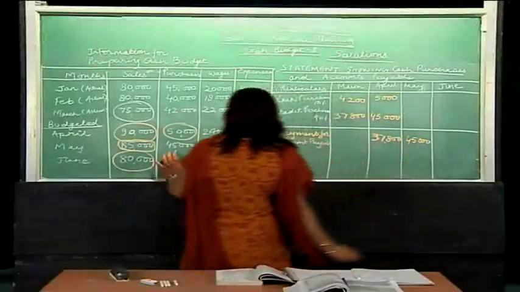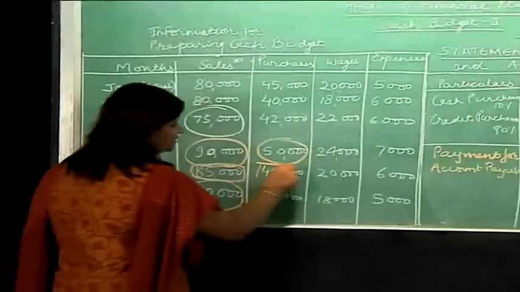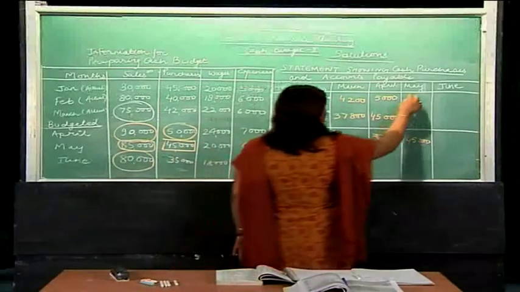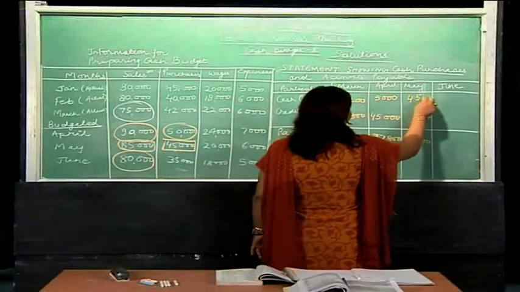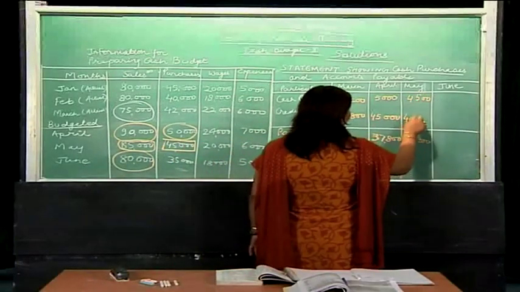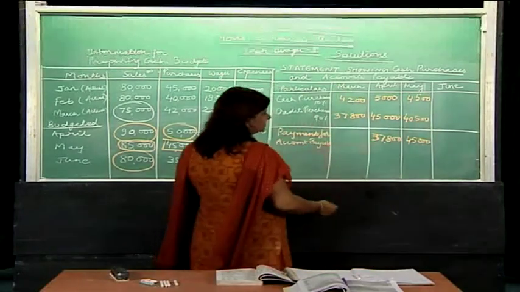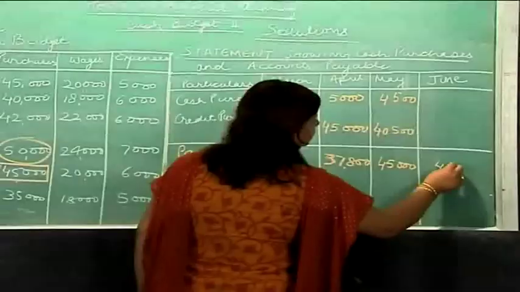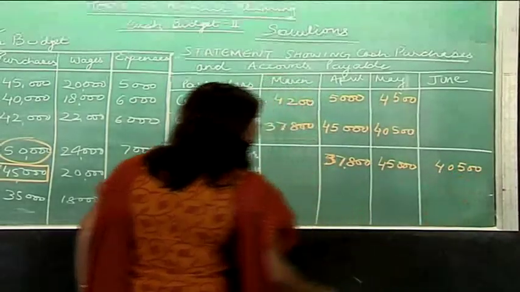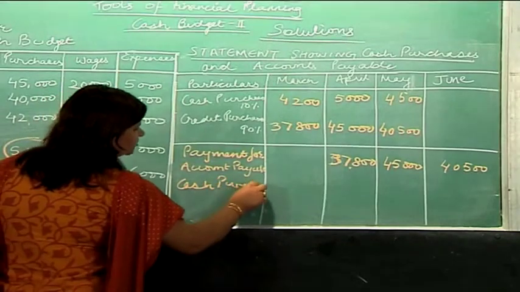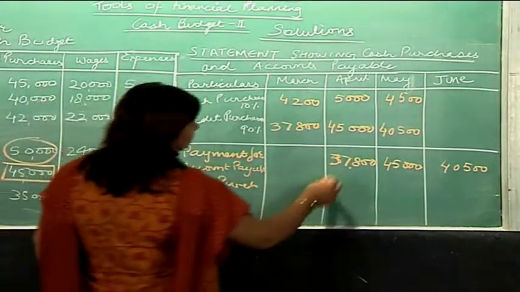Now for the month of May, we have the figure of purchases as 45,000. So 4,500 shall be the cash purchases and 40,500 will be the credit purchases, which shall be paid off in the month of June. So cash purchases plus the payments made shall be the figure of the payments.